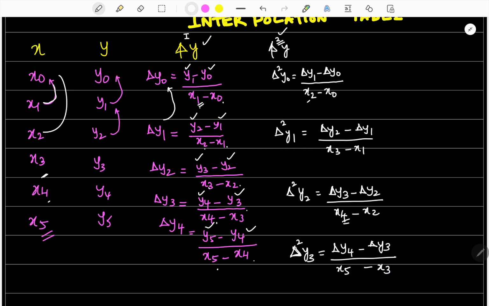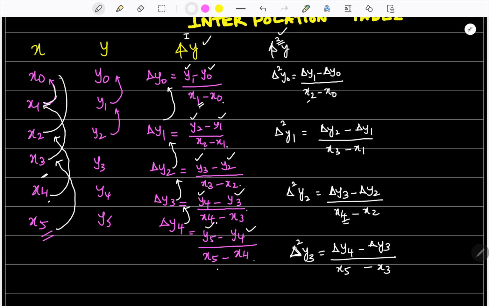By looking at the picture, I'll tell you very easily. The denominators are x2 minus x0, x3 minus x1, x4 minus x2 and x5 minus x3. Very easy to remember. And here del y1 minus del y0, del y2 minus del y1, del y3 minus del y2 and del y4 minus del y3.